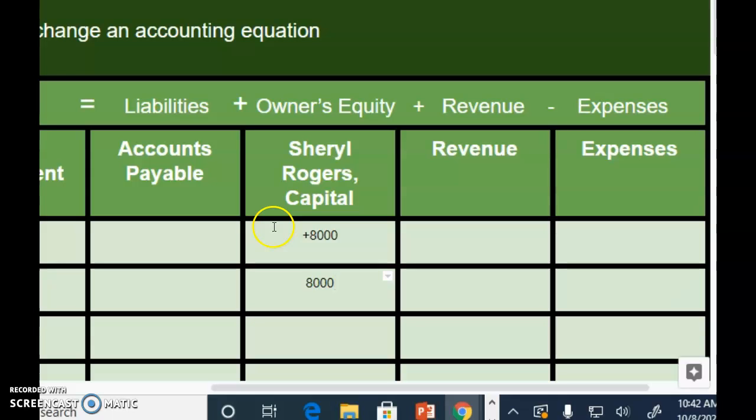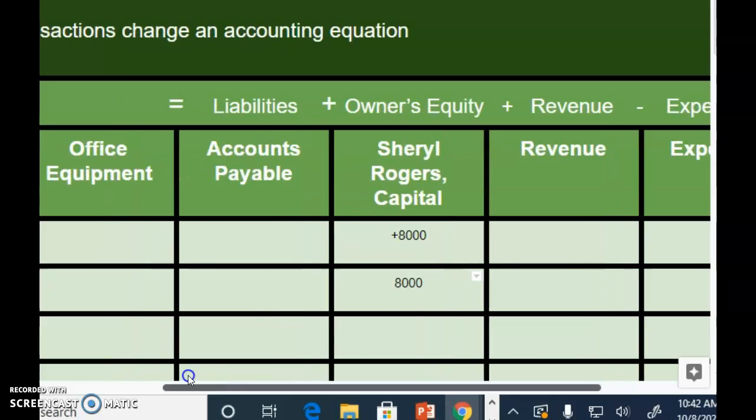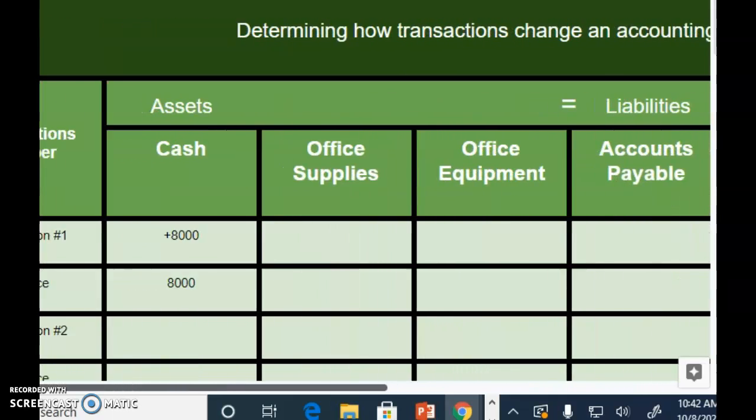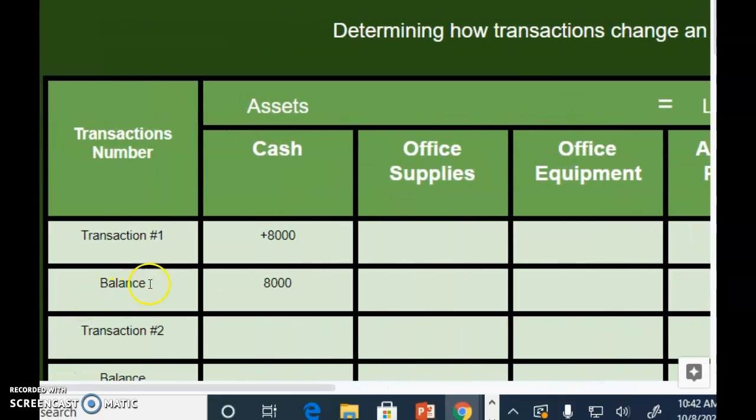You just need to make sure on every transaction that you keep each transaction in balance, and then you put an account balance after every transaction. And you can see here the transaction number and then balance. So you can just go through each of your list of transactions and put them in the appropriate column.